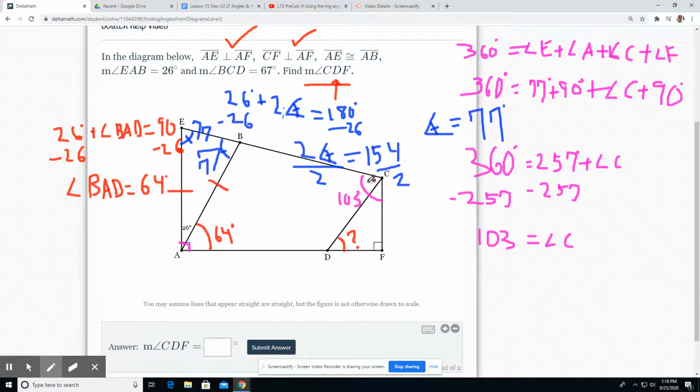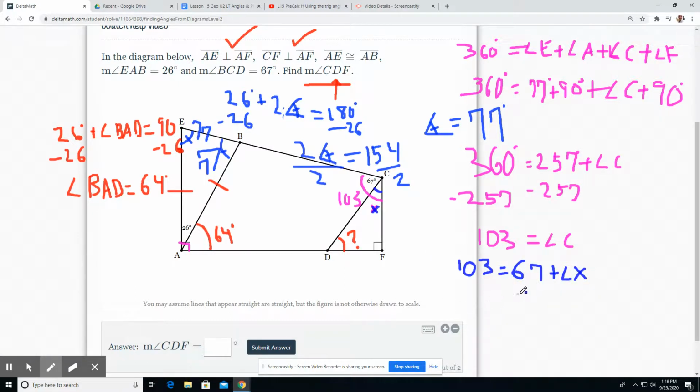And I got part of it as 67. So that means I can find this little part now. I'll call that angle X. Right here, this little angle, that's X. So 103 is equal to the 67 right here, plus angle X. And sorry if the bell rings pretty soon.